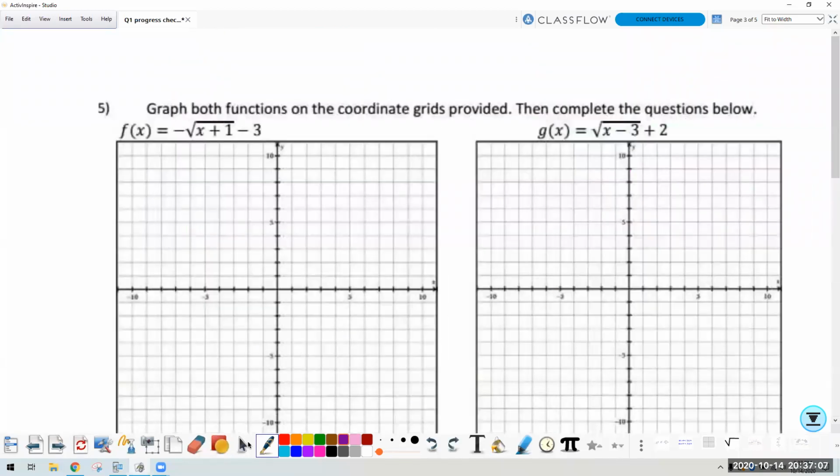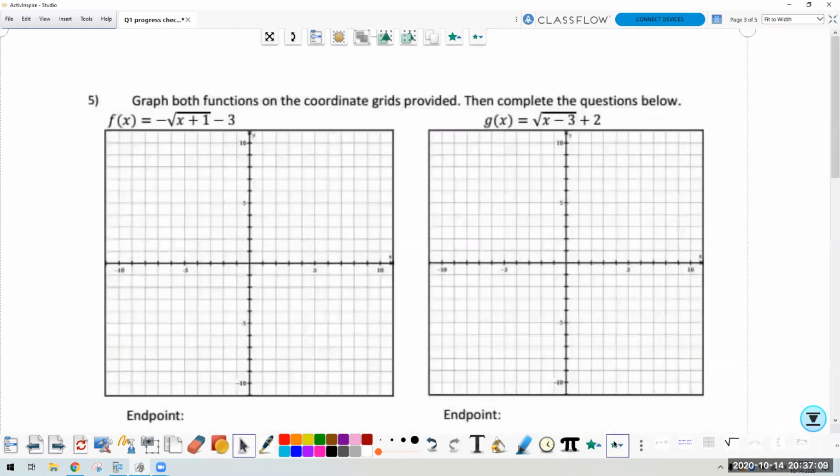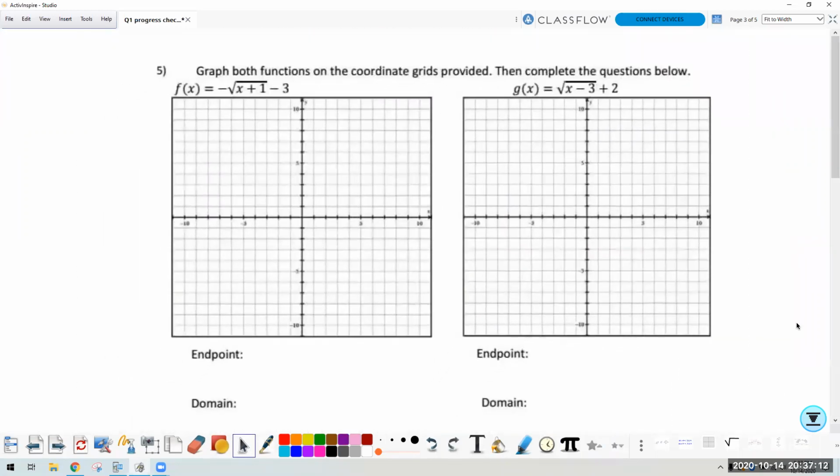Oh, now we've got graphing. I'm going to graph by my transformations. So I know the parent function for the square root of x. The parent function has these first coordinates as their values: 0, 0, 1, 1, 4, 2, and 9, 3.